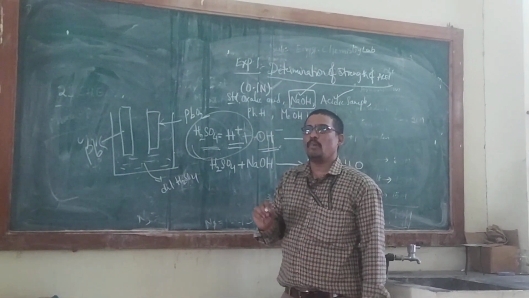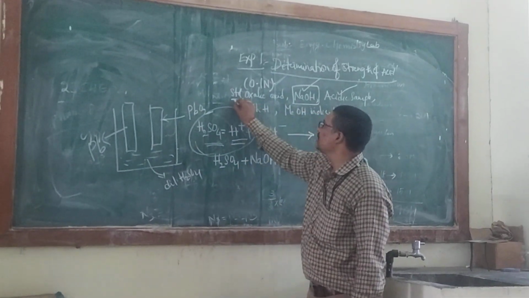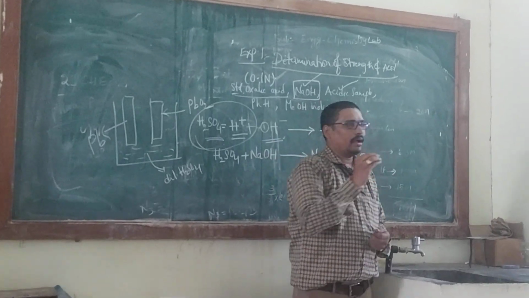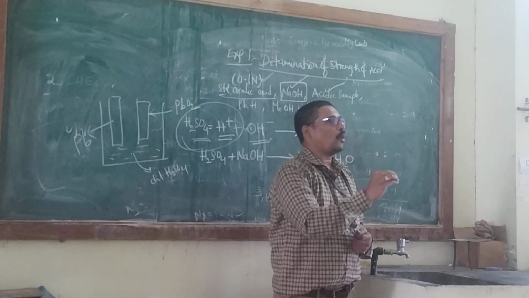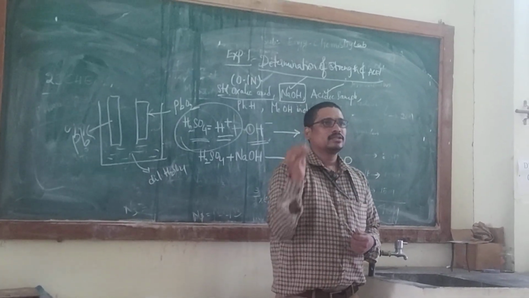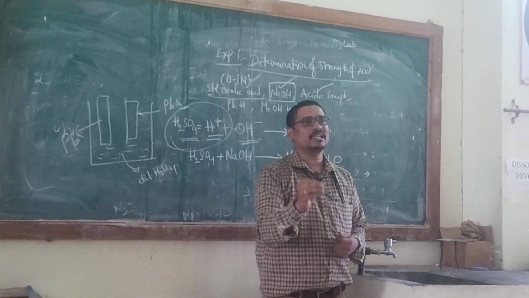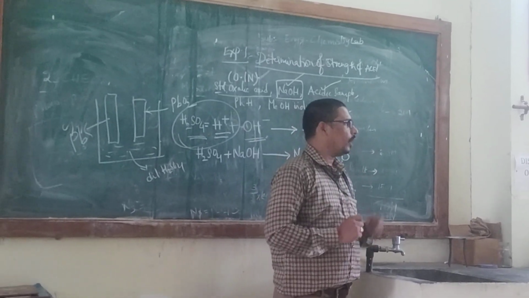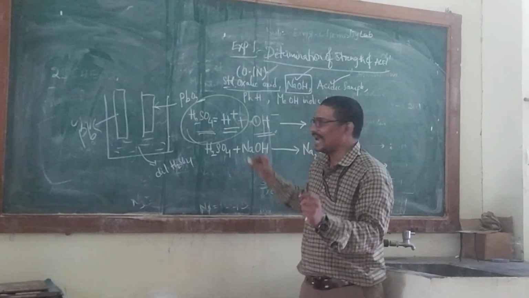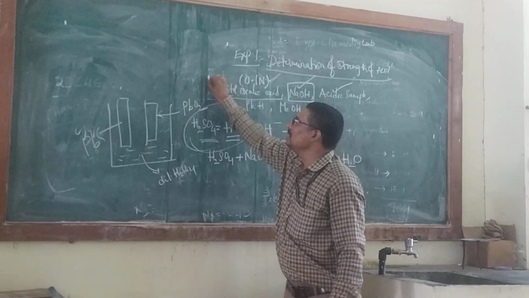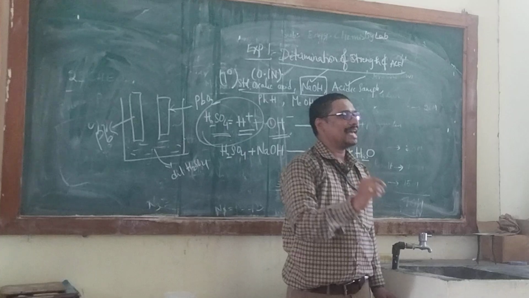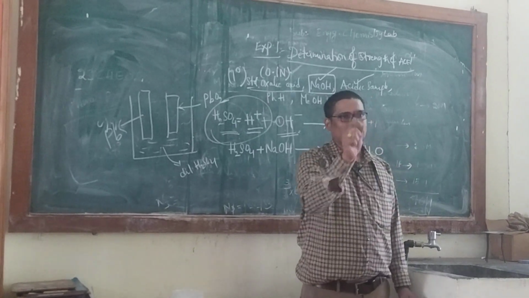It is prepared by accurately weighing 6.3 grams of oxalic acid, which is to be dissolved in 1000 ml of distilled water. This gives you the standard concentration of oxalic acid, which is a primary standard solution.